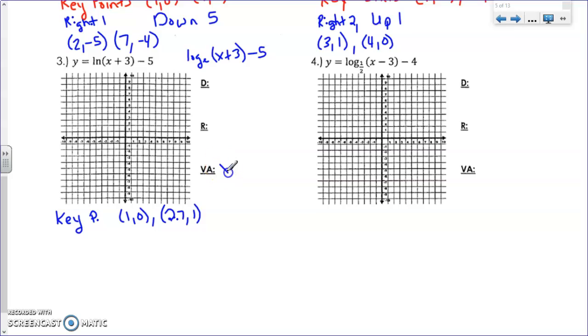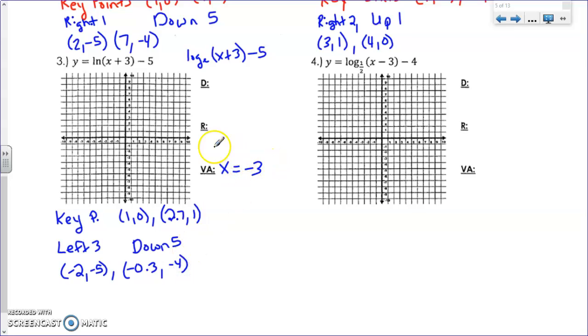Okay. So let's talk about it. So our vertical asymptote will be x equals negative 3. So that means we are going to go left 3 and then down 5. So if I go left 3, my new point will be negative 2 and down 5 is negative 5. And then left 3, 2.7 minus 3 is negative 0.3, and then down 5 is negative 4. x equals negative 3.